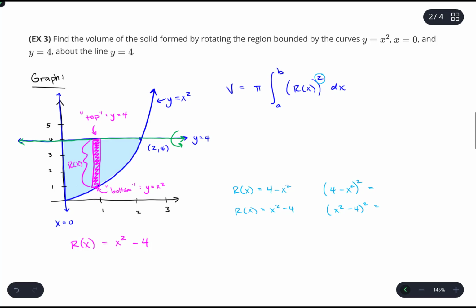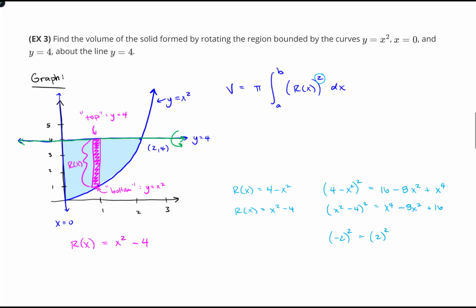And you can see it by FOIL. So this would be the square of the first plus 2 times the first times the second plus the square of the second. Same thing here. It's the same value either way. And it's just like if you're squaring negative 2 versus squaring positive 2. Anytime you put a sign on a number you're squaring, it just disappears through the act of squaring. So same thing happens here.